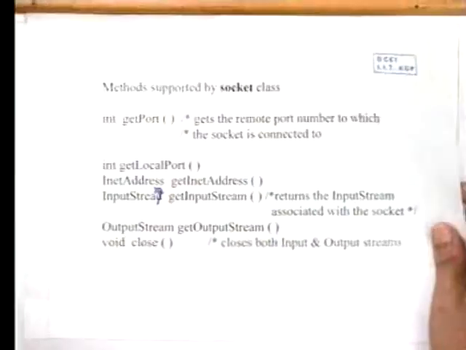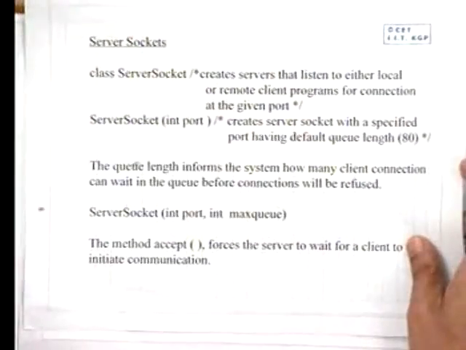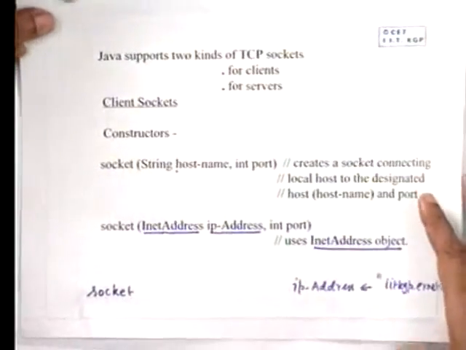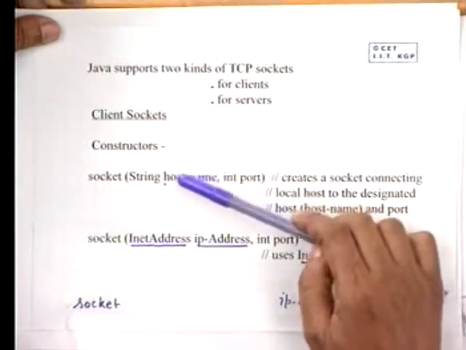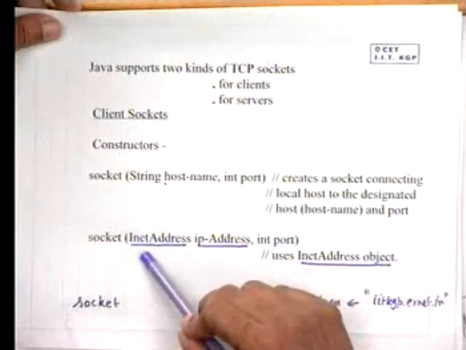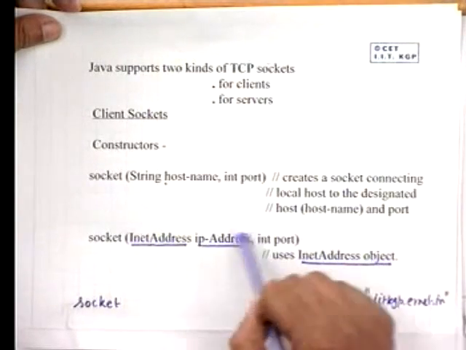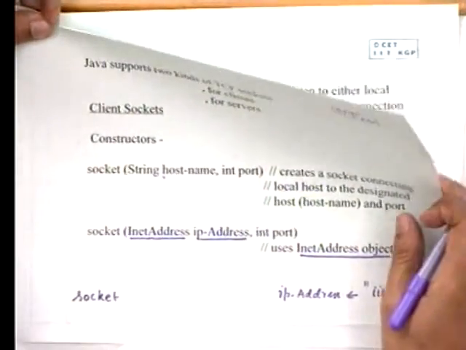So what we are seeing, therefore, is that in Java we have fairly good facilities to create sockets. For TCP/IP sockets we are talking first, in which case we will be able to create client sockets using the socket constructors, where the sockets can be on the local machine or on a distant machine, and in case of an internet address, the address will be specified using the INET address and the port.